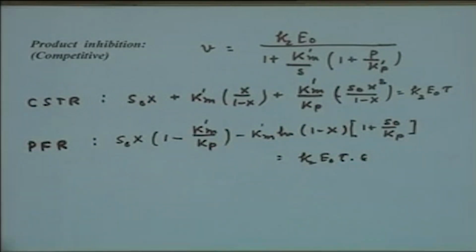So again, in the case of product inhibition in the competitive mode, the PFR will be more superior. Even in the case of an uninhibited reaction, the relative performance of PFR becomes superior as the fractional conversion increases, but in reactions that undergo product inhibition, it becomes still more superior.